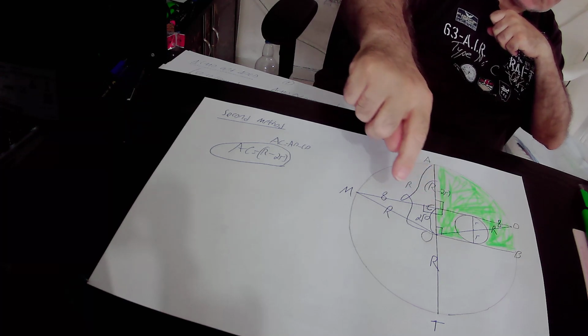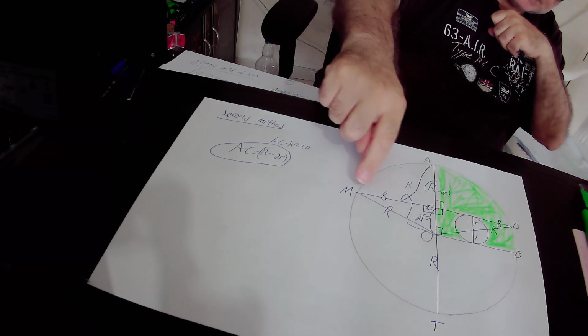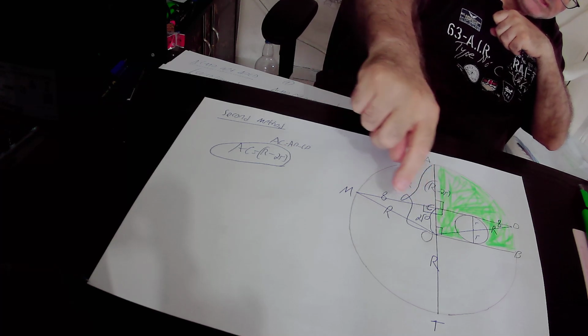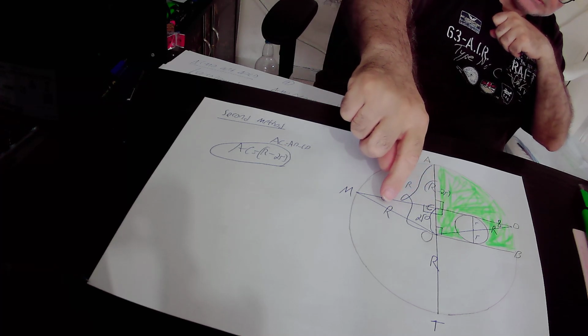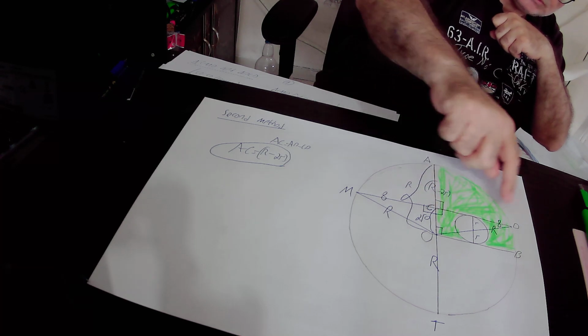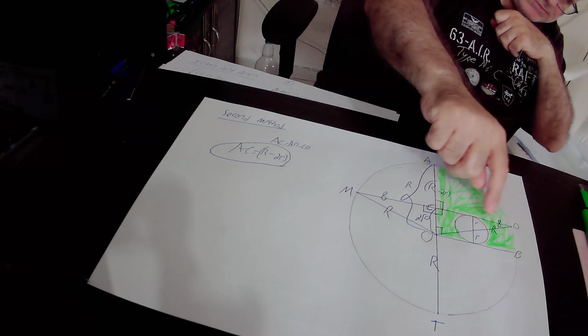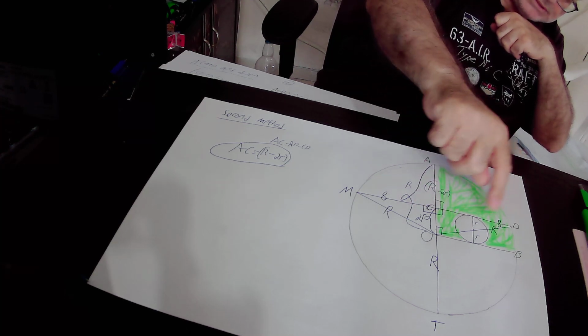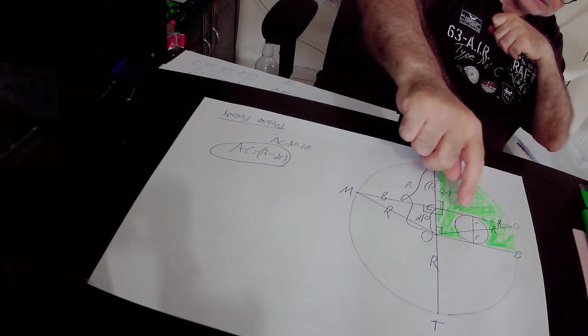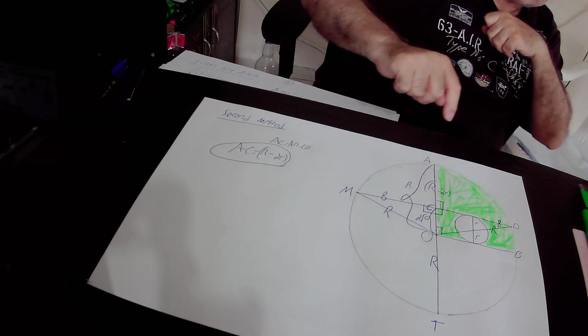Point M is on the circle, therefore OM is the radius of the big circle, equal to capital R. We join points O and D together by a straight line. Point D is on the big circle, therefore OD is also equal to capital R.